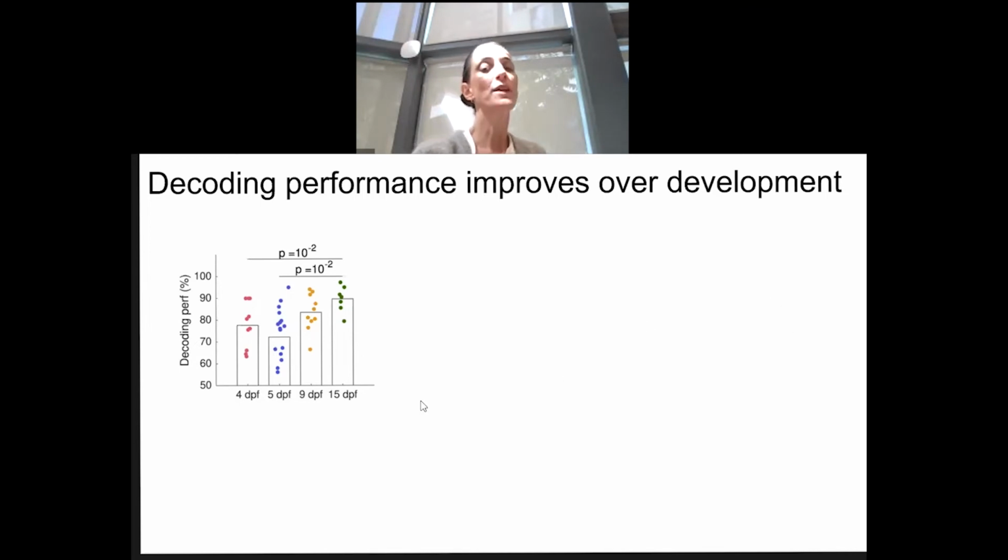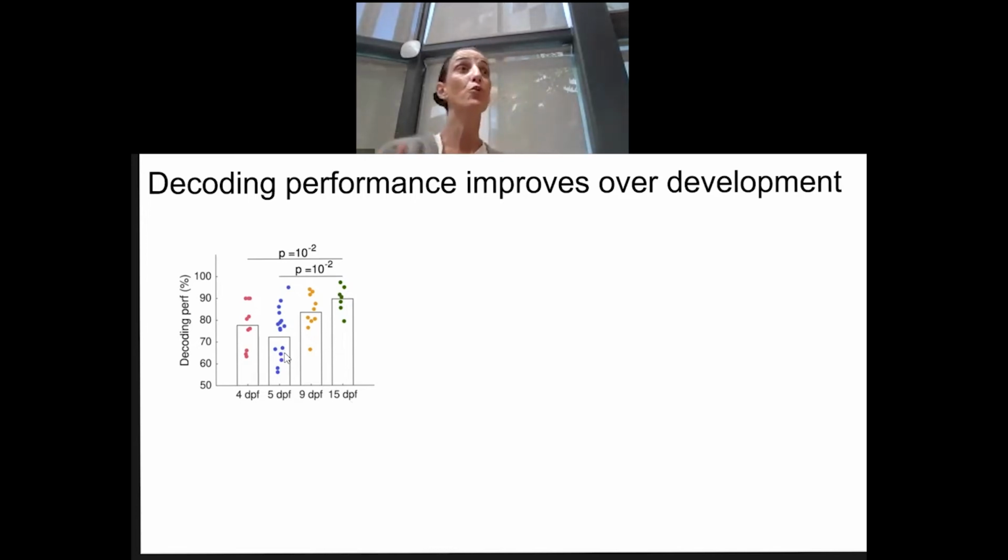And what I'm showing here is that if we take the neural activity from the fish at different ages, we can actually decode the information much better when the animal is older than when it is younger.